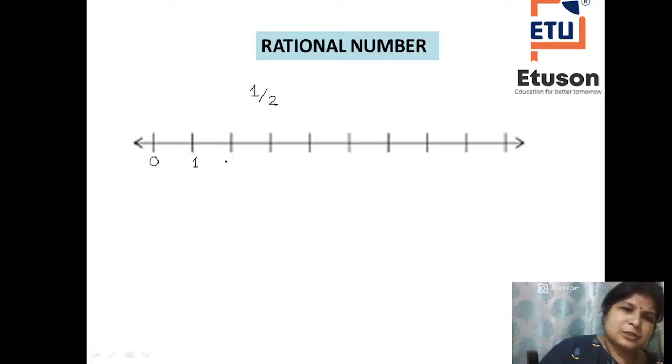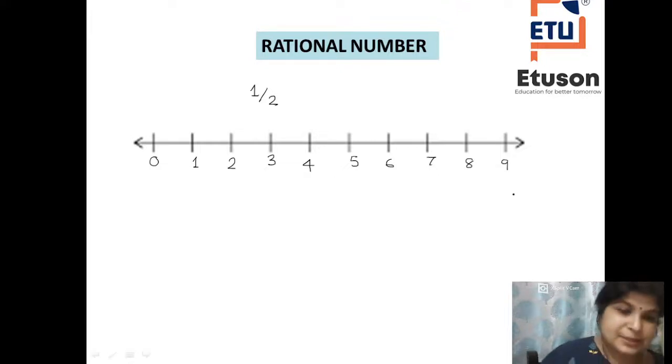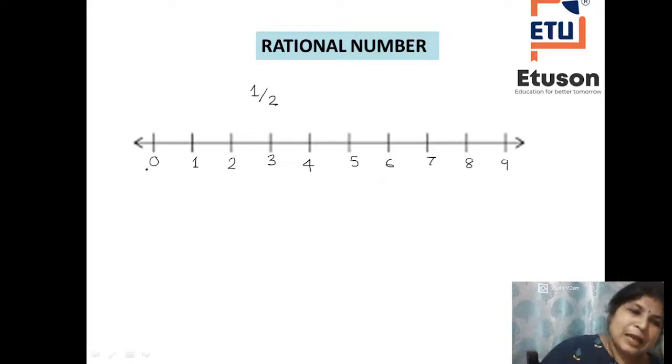Then 0, 1, 2, 3, 4, 5, 6, 7, 8, 9. Simply write the numbers like this. Because I need 2, I will divide each number by 2.